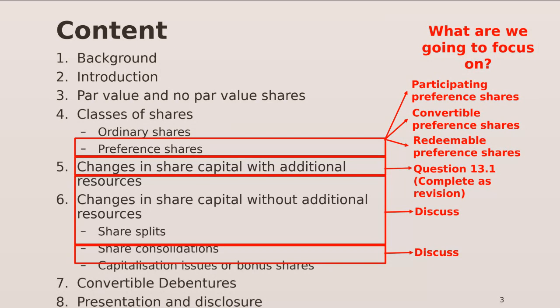So we're just going to focus on preference shares, right? And then I want to look very briefly at what happens when we issue shares and we get money in return, right? And that's what I'm calling here a change in resources, so additional resources. And then sometimes you issue shares and you don't get any money in return, and that's what we call no additional change in resources.